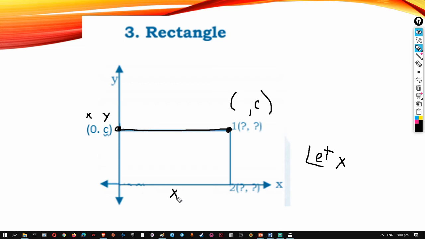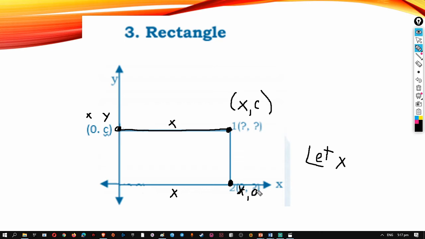Kung ito ay x, siyempre dahil yan ay parallel at congruent, x din yan. Dahil ito ay nasa x-axis, wala siyang y.